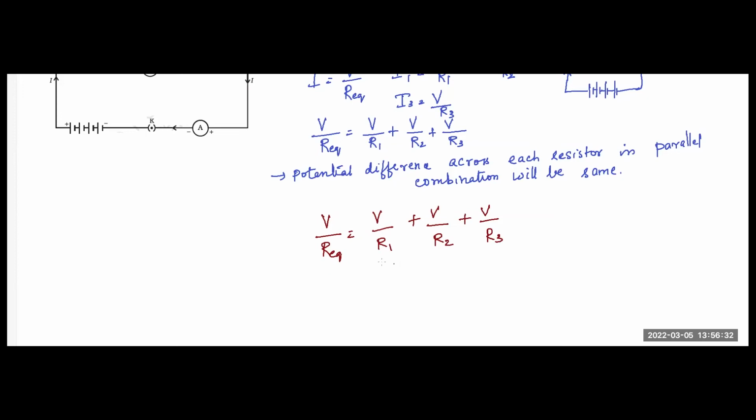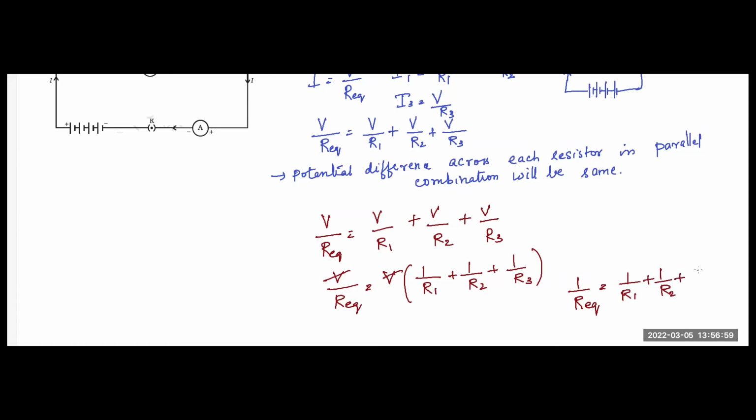Now taking V common, we can write V by R equivalent is equal to V into 1 by R1 plus 1 by R2 plus 1 by R3. So we can cancel this V on both sides, and we can say 1 by R equivalent equal to 1 by R1 plus 1 by R2 plus 1 by R3. So this is the relation for equivalent resistance in a parallel combination.